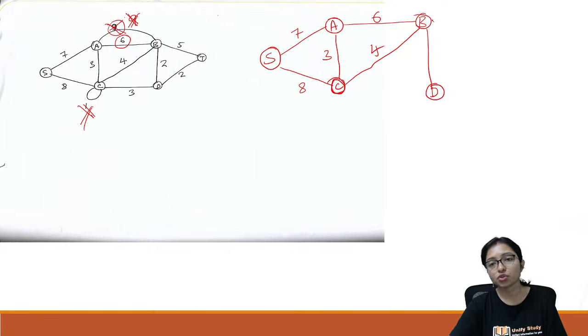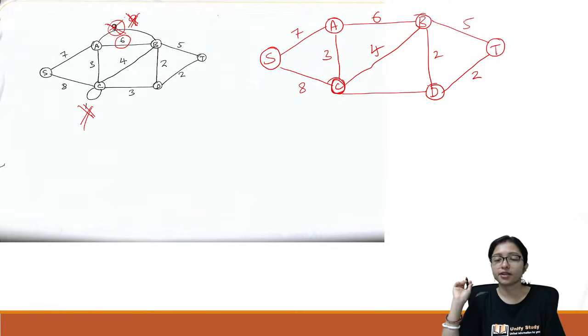In Prim's and Kruskal, both, you have to follow that. Whenever you are doing a spanning tree, in Kruskal also you have to follow this. Okay, so I redrew the graph by removing parallel edges and loops.